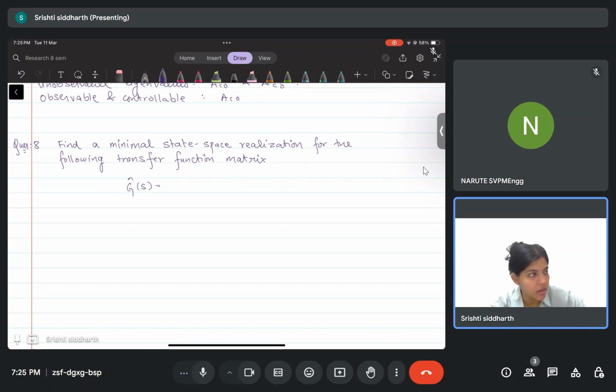G hat of S equals 2S plus 1 upon S plus 1 and S plus 2 upon S plus 1. So the first step is to convert to the CCF form. Let's see.